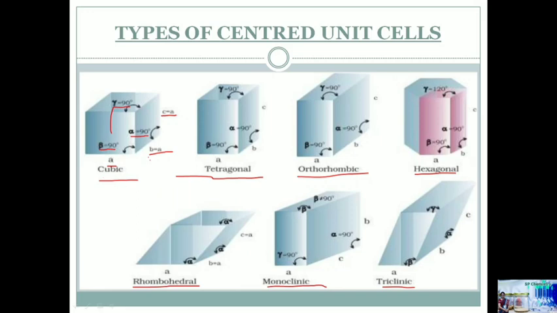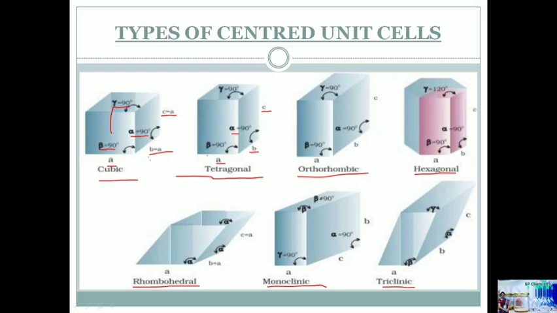Then tetragonal crystal system. In the tetragonal crystal system, you can see here A is equal to B, these edge lengths are not equal to C, right? Then what are the axial angles?